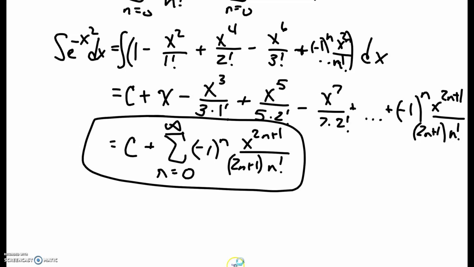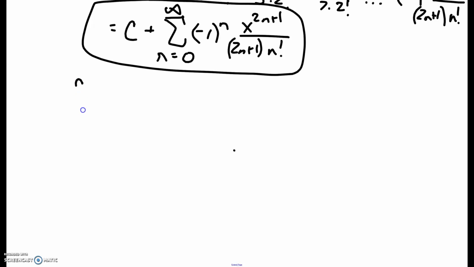Next, we want to evaluate that on the interval from 0 to 1. And we want to be within 0.001 of the actual sum.